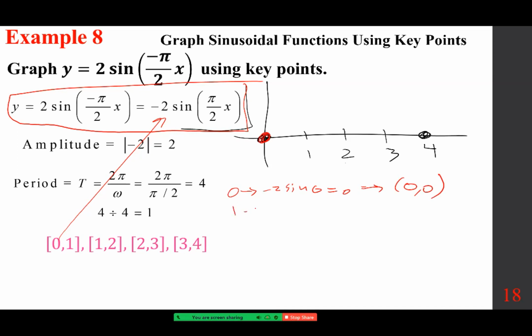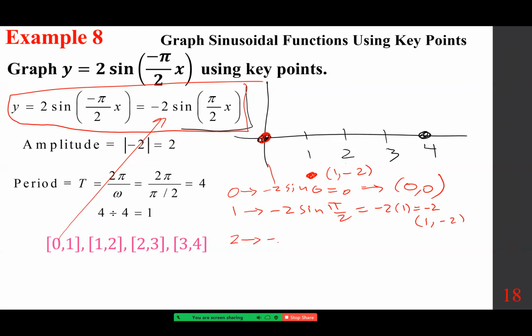If I plug in 1, it gives me negative 2 sine of pi over 2, which is 1. Negative 2 times 1 is negative 2. And I have 1 comma negative 2. If I plug in 2, I get minus 2 sine of pi over 2 times 2. That means pi.